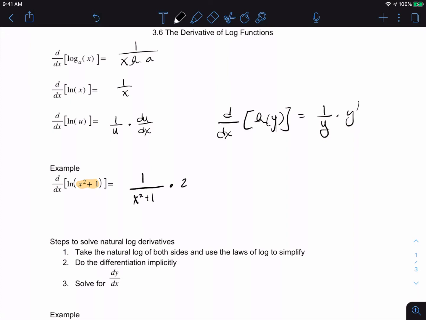That's right, it should be 2x. So that tells me that the answer is 2x over x squared plus 1. It's the chain rule. The outside function is ln, the inside function is x squared plus 1. This will come up a lot. Okay?